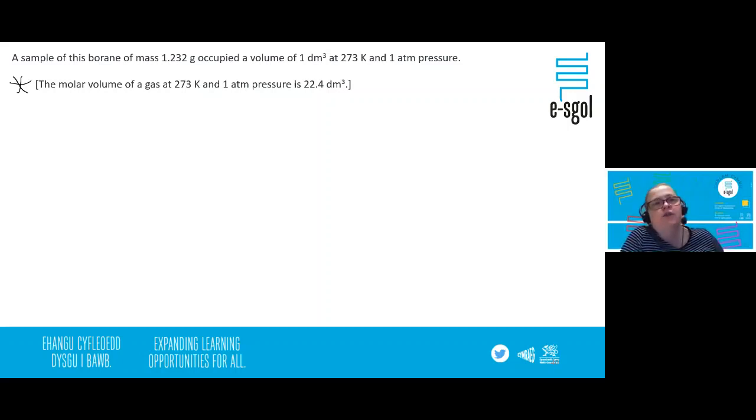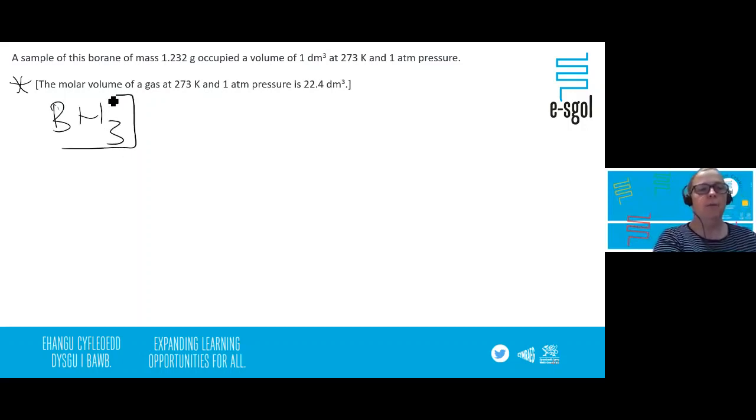They might not give it to you directly in the question because you've got that data sheet. So please, if it's not in the question, don't forget about this data that would then be useful to you in this question. So we know that we've got an empirical formula of BH3.